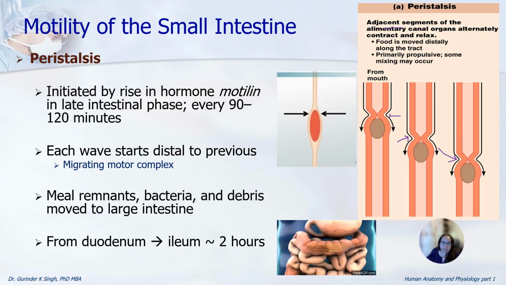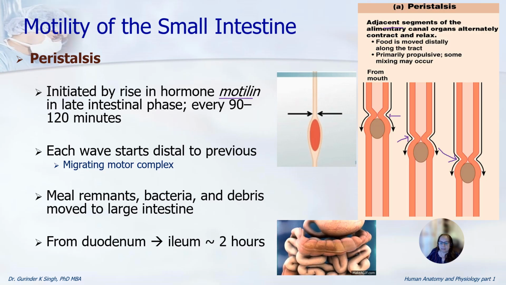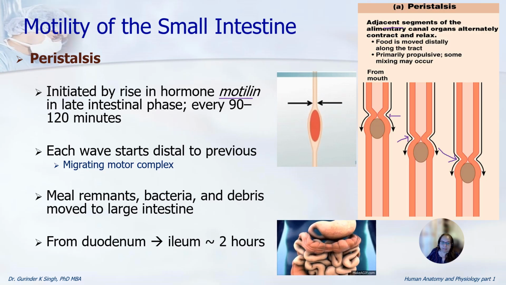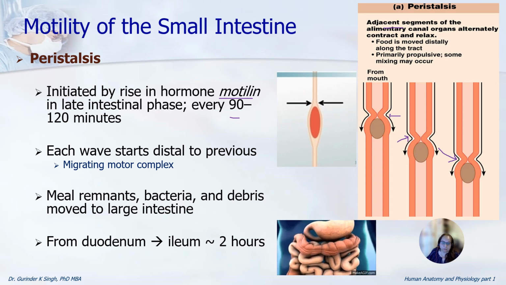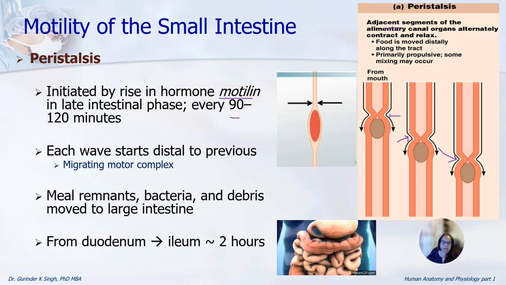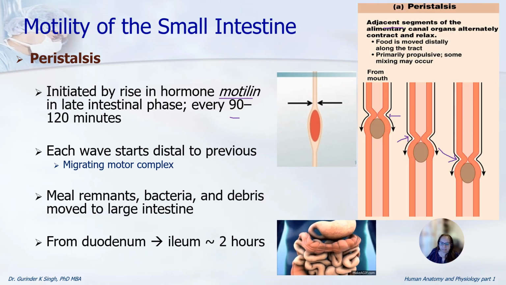It is also affected by a hormone known as motilin, and this is started in the late intestinal phase, and it can occur every 90 to 120 minutes, which is an hour and a half to 2 hours. And then it's a wave together.